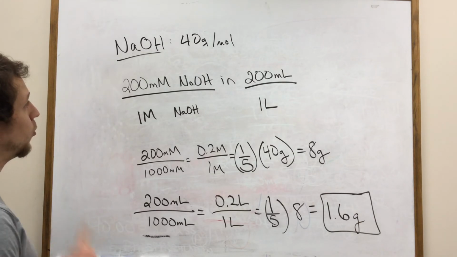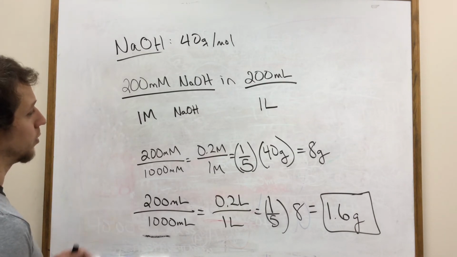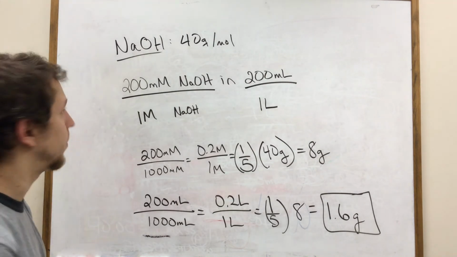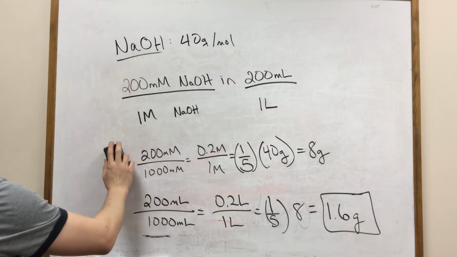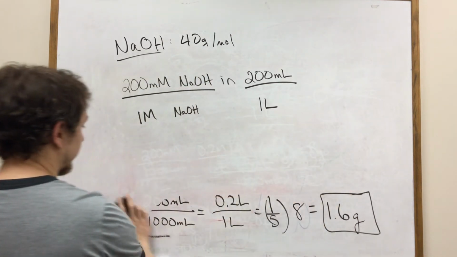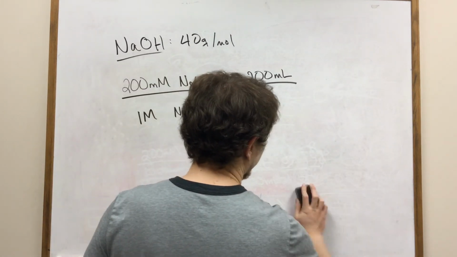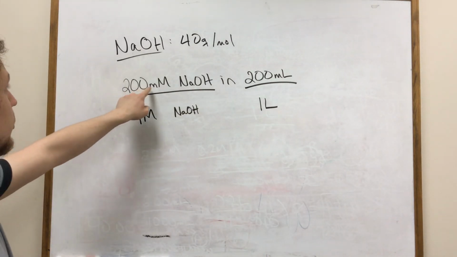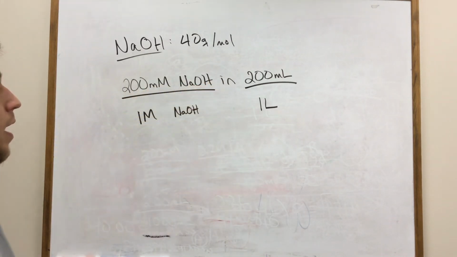Now there's one final way that we could do this, and if this makes it easier for you, by all means go ahead and do it. If it doesn't, then don't worry about it. Okay, so again, I'm going to erase this. Now, I'm asking you for 200 millimolar, and I'm asking you for 200 milliliters.